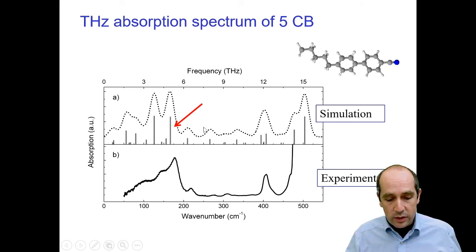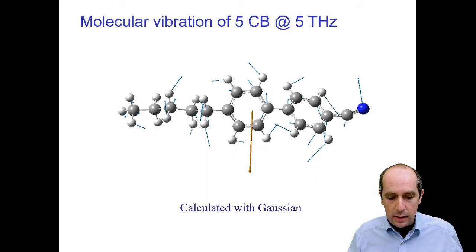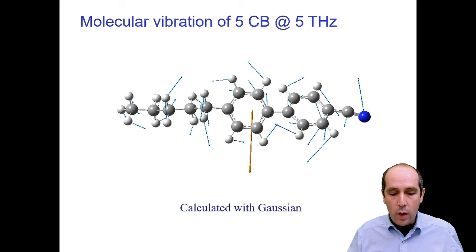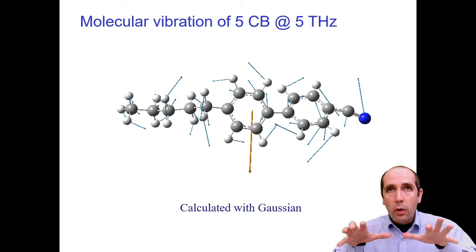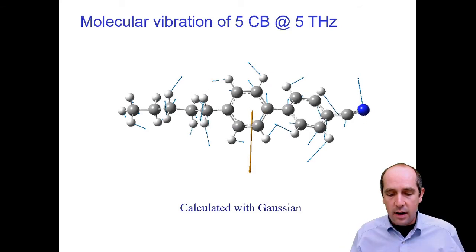For example, this one that is there with a red arrow is a particular vibrational motion of this molecule, and this is actually the quantum mechanical calculation of how these atoms are expected to vibrate in this molecule.